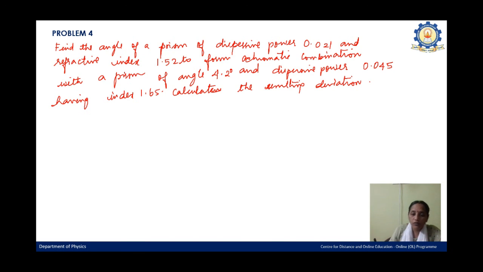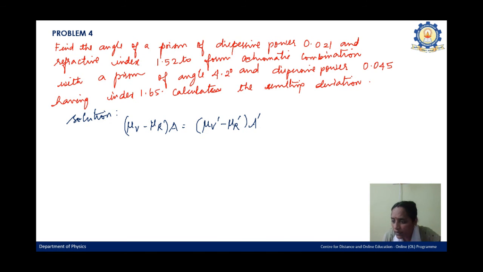So the solution for this problem is, mu v minus mu r into A is equal to mu v prime minus mu r prime into A prime. So the achromatic combination condition we have written.